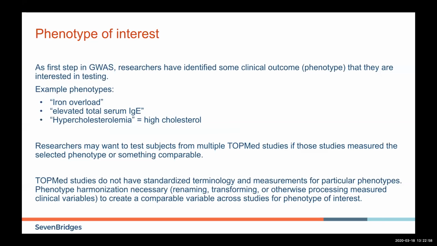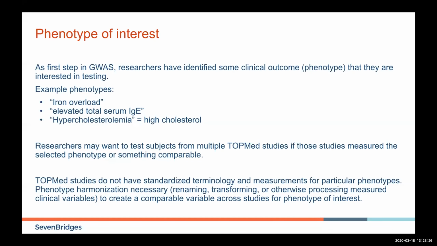So as a first step, researchers have identified some clinical outcome or phenotype that they're interested in testing. Some examples of that could be iron overload, elevated total serum IgE, or high cholesterol. Since researchers want to include as many subjects as possible who have a particular phenotype measured, they might be working with multiple TopMed studies.